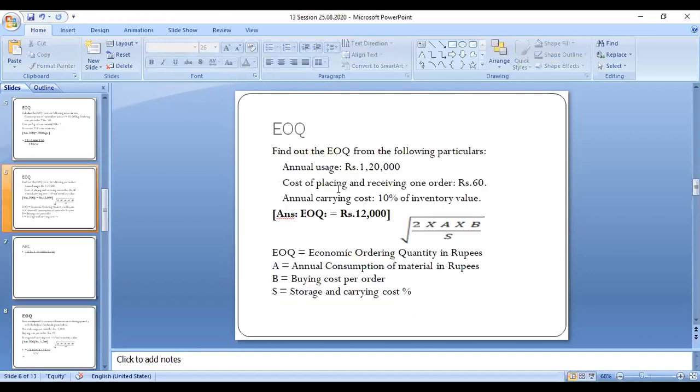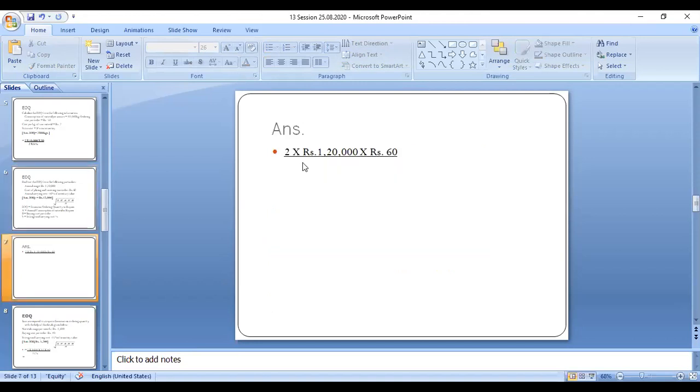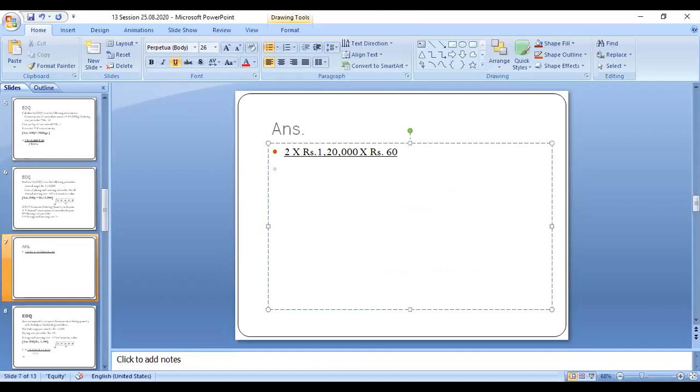Now, 10% of inventory value. You have to write it below, directly 10%. If you put the 10%, you will get the answer directly. If you put 10% in the calculator, you will get 0.10.